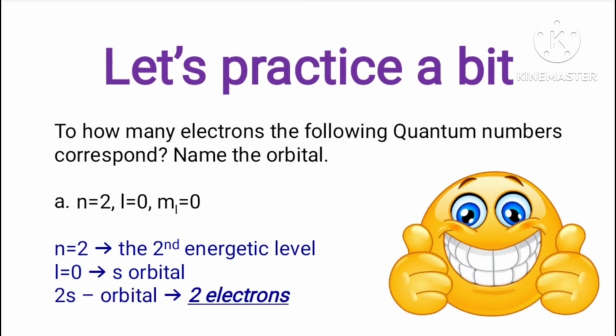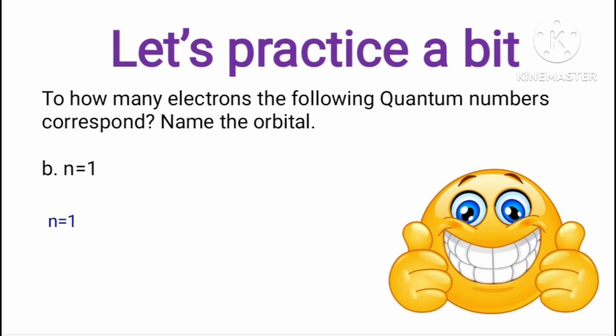So it will be 2s. ml is 0. If l is 0, ml will always be 0. So this is the 2s orbital. It means we have 2 electrons, because the 2s subshell consists of one orbital only, and on one orbital we can have maximum 2 electrons. And let's go to the next one.